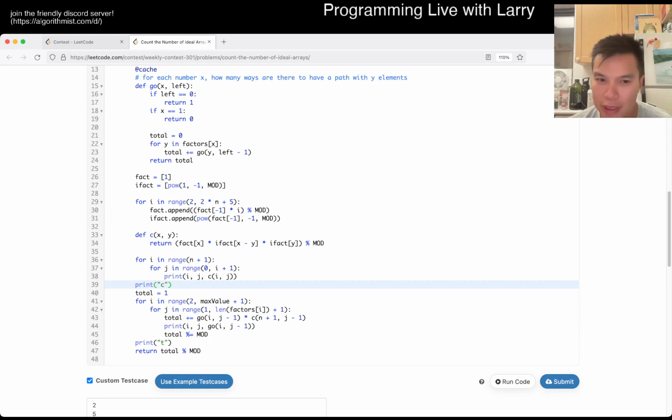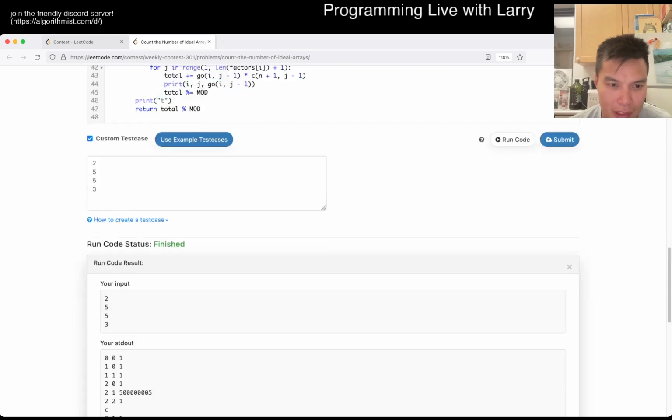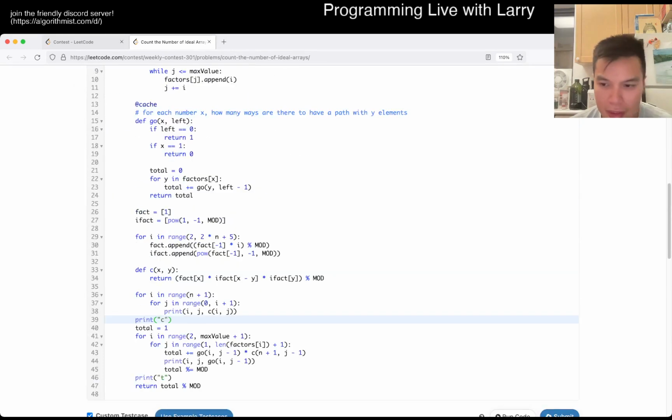2 choose 1 should be 2, right? So why is that such ridiculousness? So it's 2 factorial over 1 factorial and 2 factorial, right? Oh, no, 0 factorial. But 0 factorial is this ridiculousness. That's right, right? It's just 1 over 1.